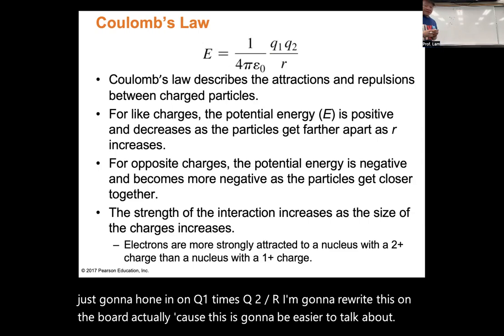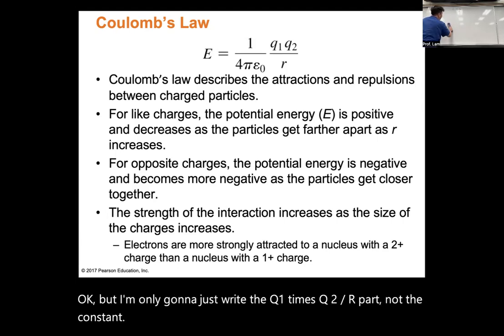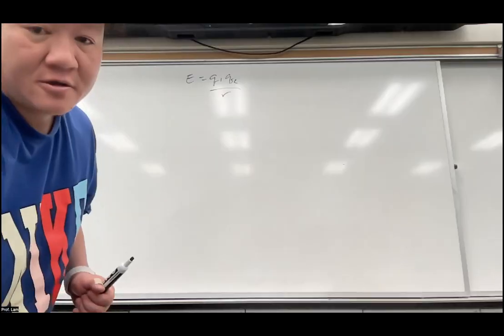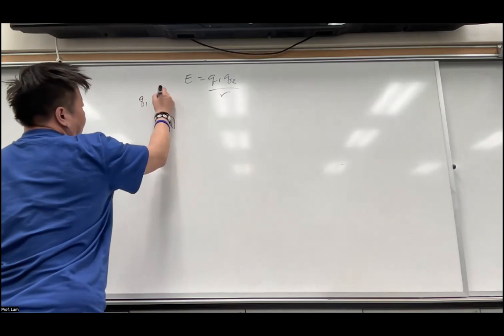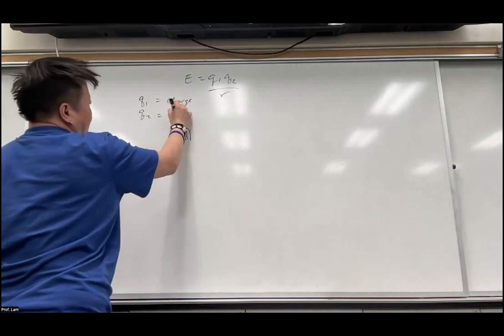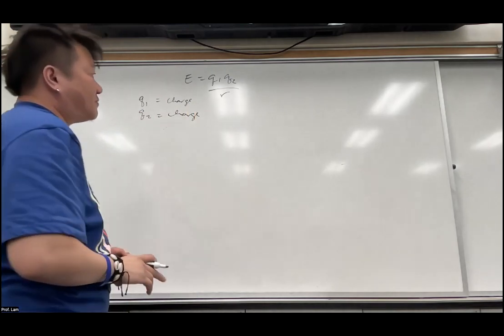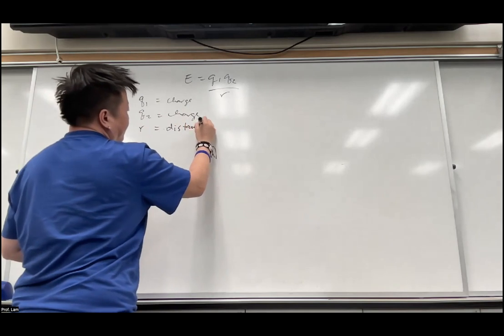Okay, but I'm only going to write the Q1 times Q2 over R part, not the constant. Q1 is a charge. Q2 is also some charge. And then R is the distance between them.